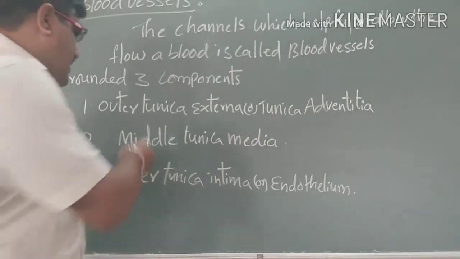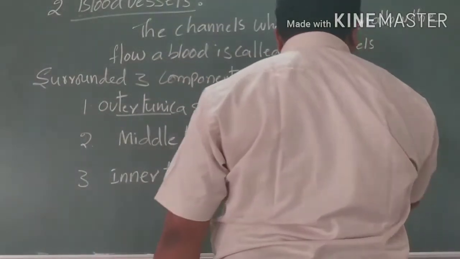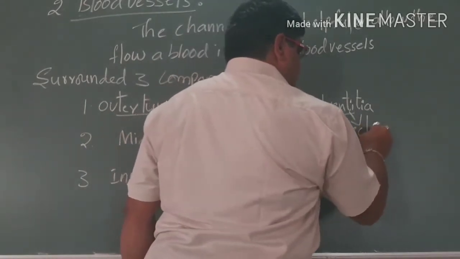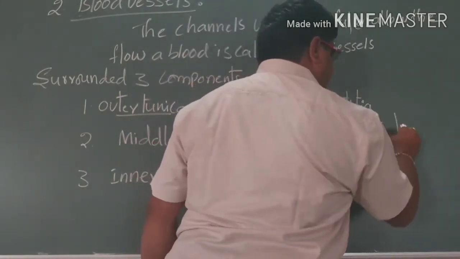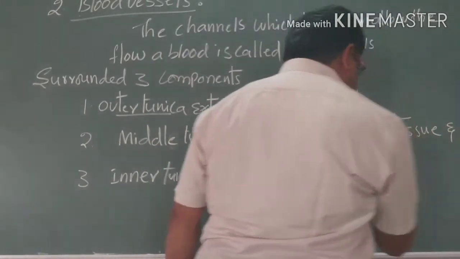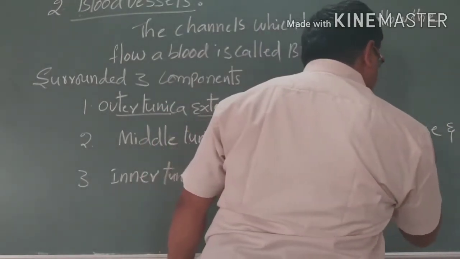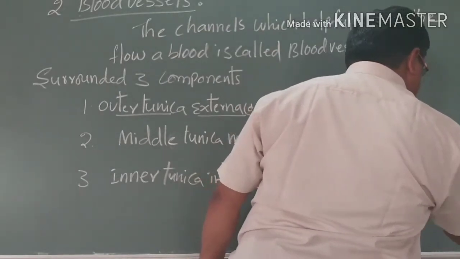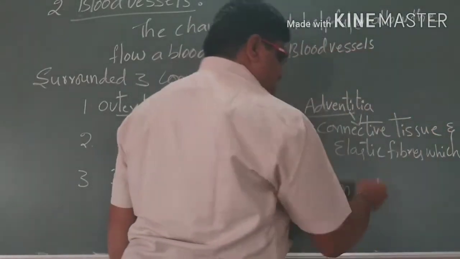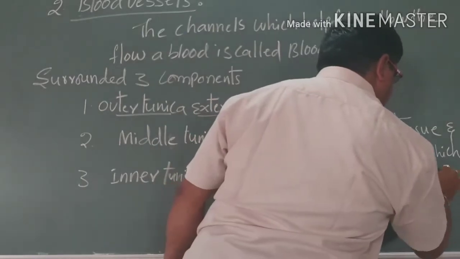So what is the outer tunica externa? It consists of connective tissue and elastic fibers, which allow stretch and recoil.